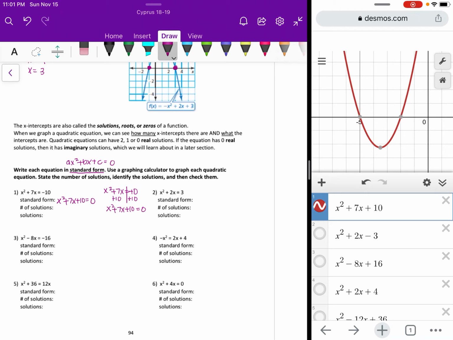It crosses the x-axis twice. So under number of solutions, I'm going to write 2. Now what are they? I can click on those gray dots on Desmos and it tells me what those points are. So my two solutions are x equals -5 and x equals -2.